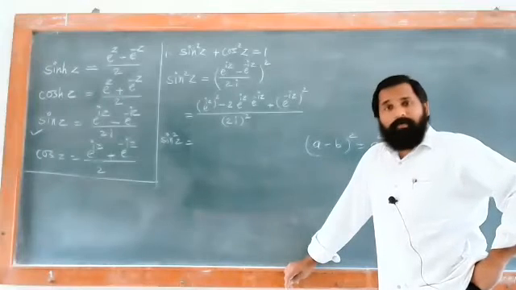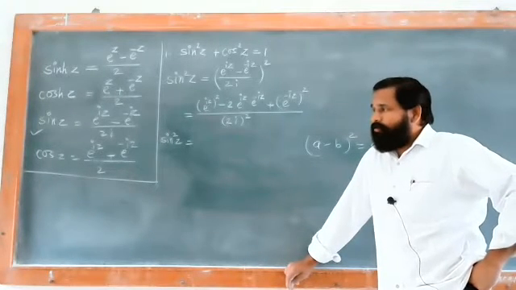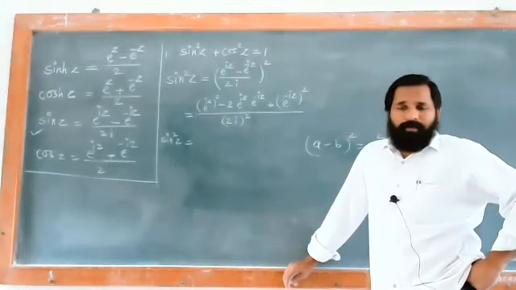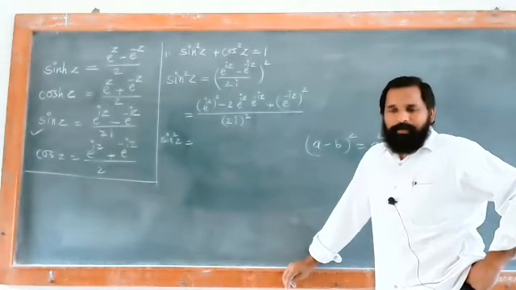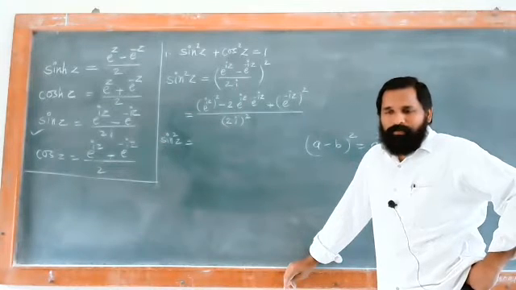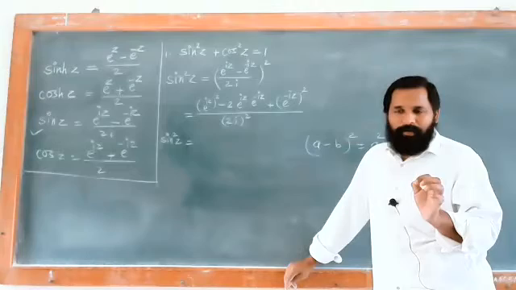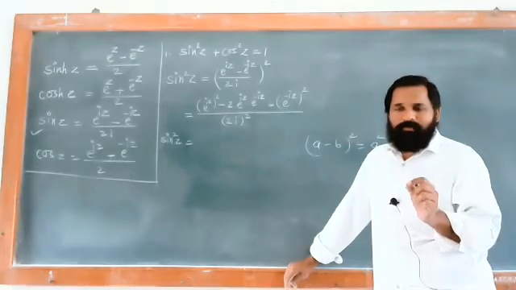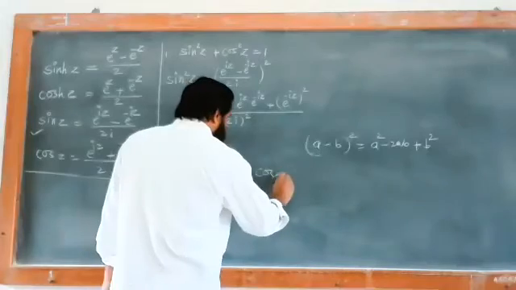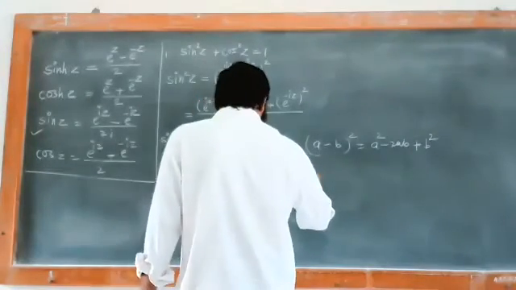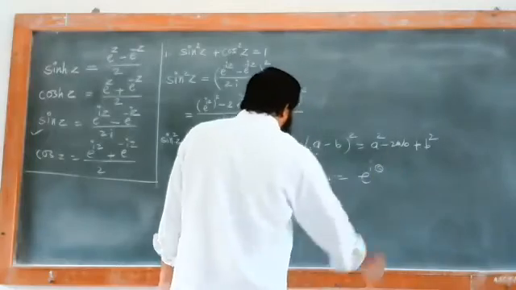We saw De Moivre's theorem, which tells us that cos theta plus i sin theta raised to n is equal to e raised to i n theta. That is our Euler's formula: e raised to i theta is equal to cos theta plus i sin theta. We just write it there.